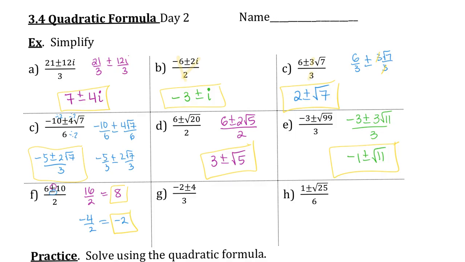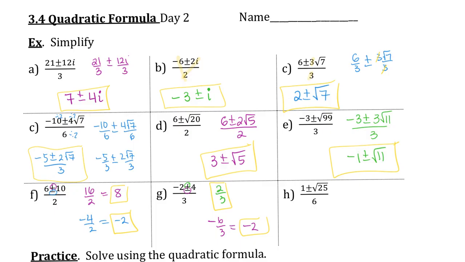Let's look at the next one. Negative 2 plus 4 is 2 over 3, which is a fraction. Now if I do negative 2 minus 4, I get negative 6 divided by 3, which is negative 2. One more and then we'll actually get to the quadratic formula. I have the square root of 25.